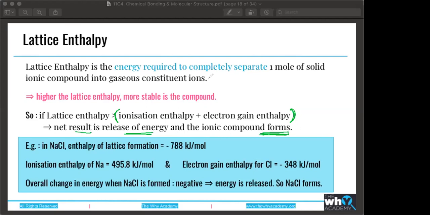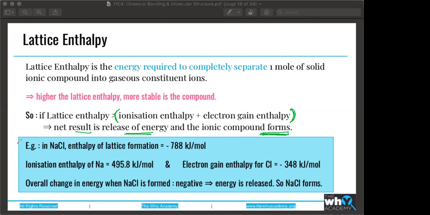Yeah. So unless you give it heat, the ionic compound won't be formed. So it's unstable. Without your interference, that ionic compound is not going to be formed that way. So if you cut off that heat or energy supply, you're not going to have the compound. It's going to break down again.